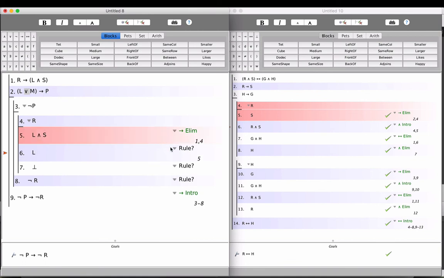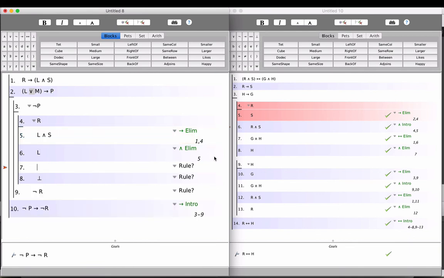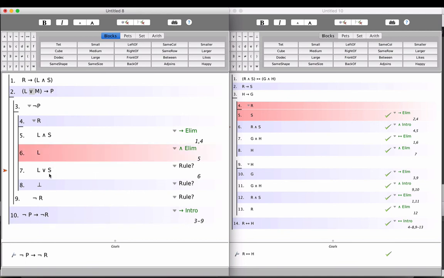Dismantle the conjunction, elimination from line 5 to line 6. Disjunction introduction from line 6 to line 7, so that we have created the antecedent of line 2. Why do we want to do that? So, introduction of the disjunction.